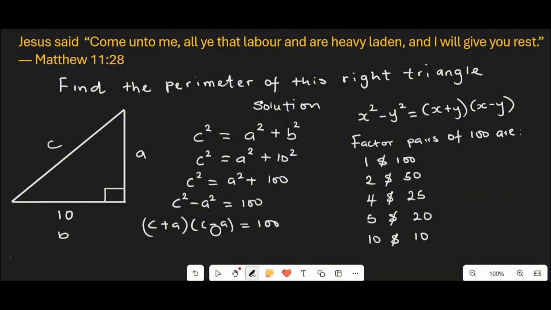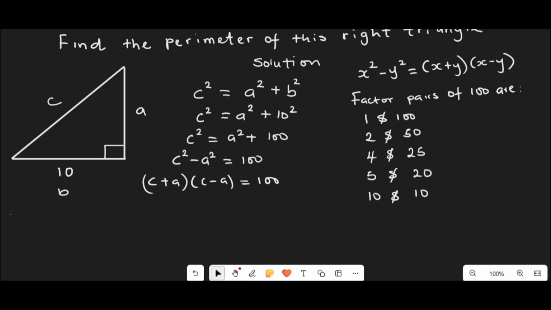And the reason is that if we find the difference of these, let me show you.